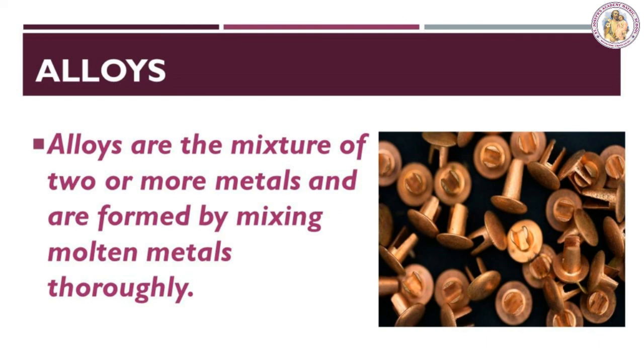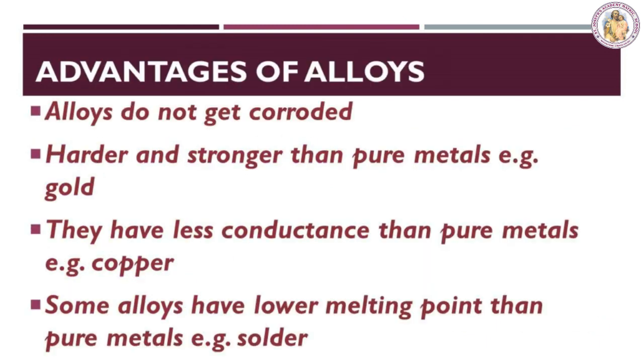The majority of the metallic substances used today are alloys. Alloys are the mixture of two or more metals or formed by mixing molten metals thoroughly. Rarely, nonmetals are also mixed with metals to produce alloys. For example, the alloy brass is made from copper and zinc.